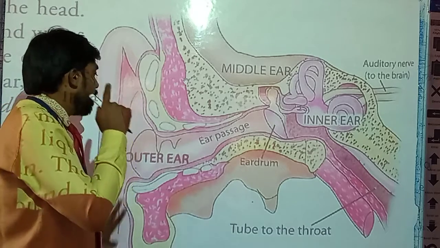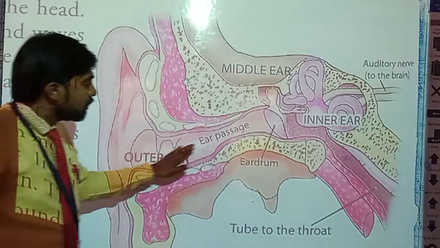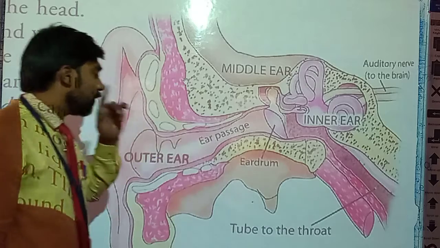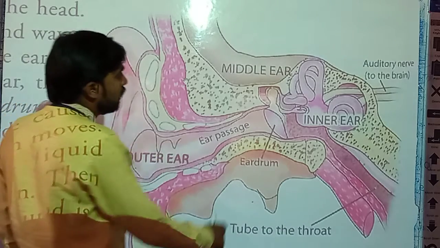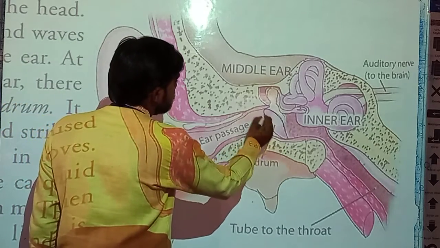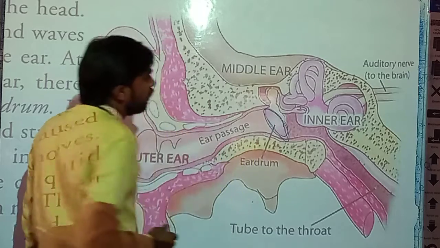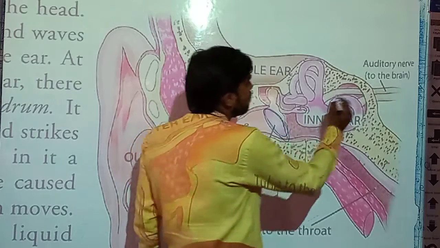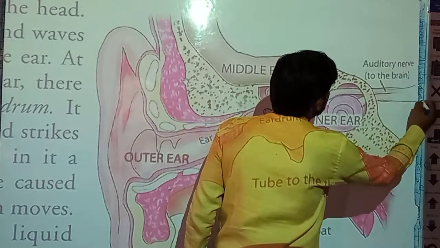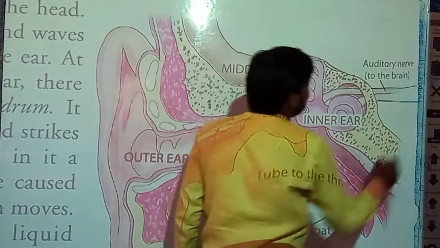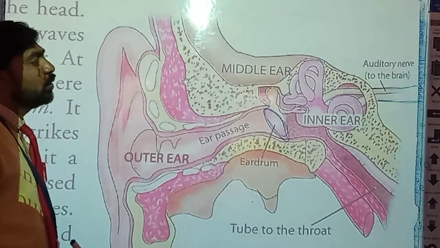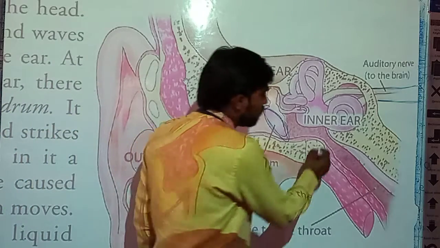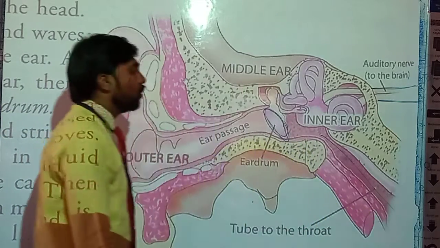This is the outer part, and this is the small ear tube, ear pipe, ear passage. Now this one is the eardrum, and then the middle ear, inner ear, and this is the nerve which is connected with the brain, known as the auditory nerve to the brain. And this is the tube to the throat. This tube turns towards the throat.